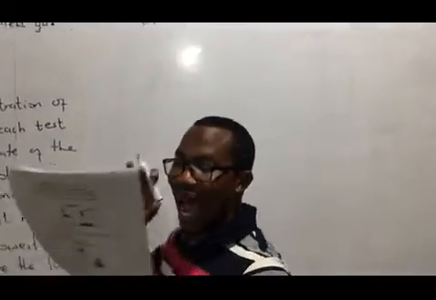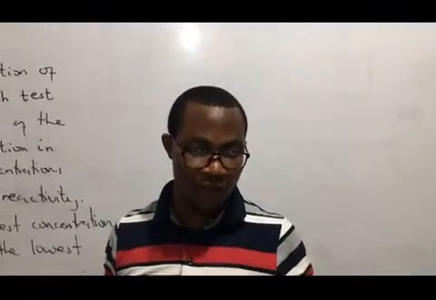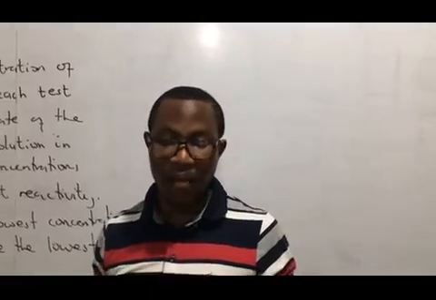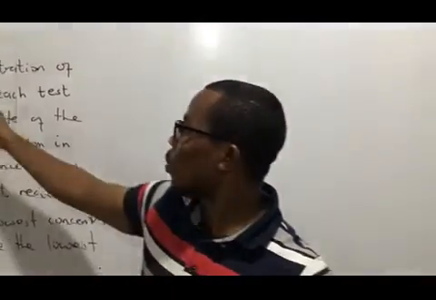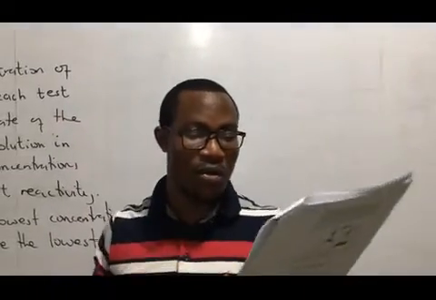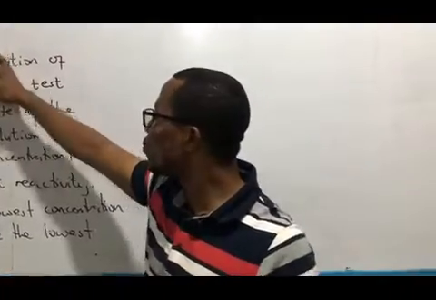Okay. Now BII says state 3 other factors that could affect the rate of reaction in the test tubes illustrated above. We have several factors that affect the rate of a reaction, and one of them is concentration, which we've talked about here.